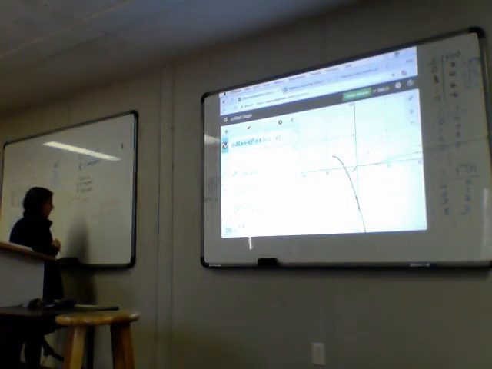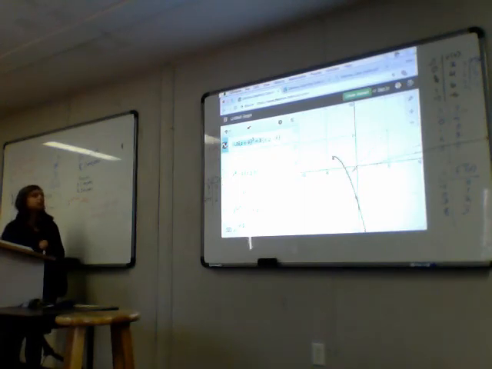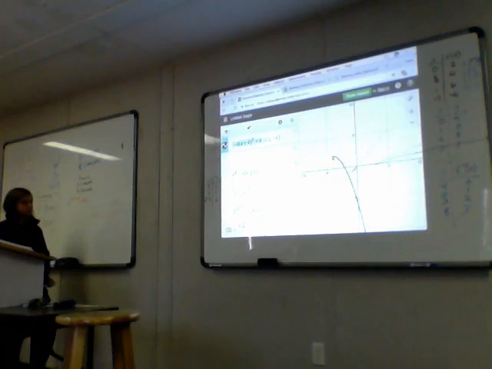And if we restricted the domain on our original equation, we restricted it to -4 and greater, okay? Then that domain becomes the range of our inverse. What was the range of this original?